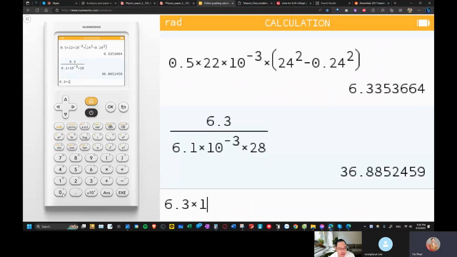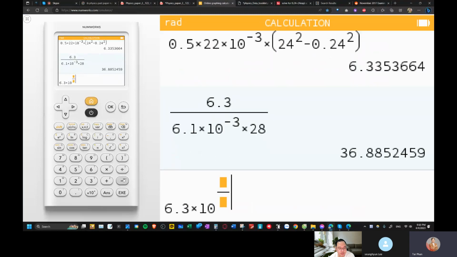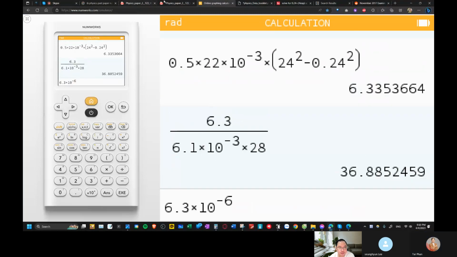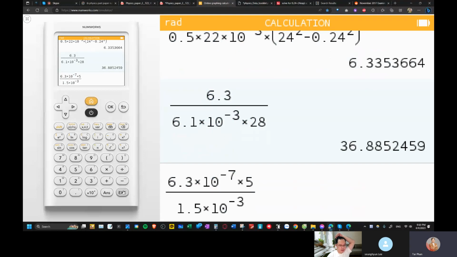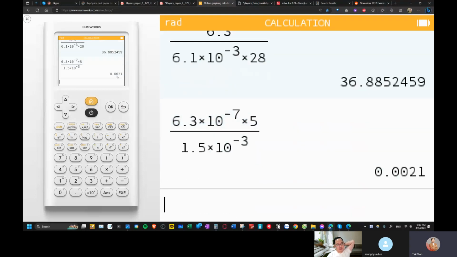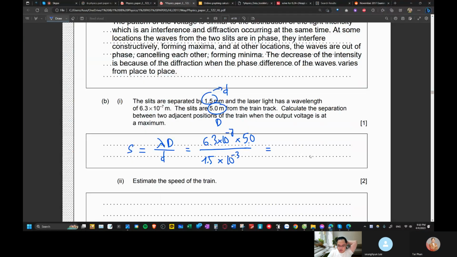With wavelength 6.3 times 10 to negative 7, times the big D, 5 meters, and divided by the small d, 1.5 times 10 to negative 3. That gives 0.0021 meter.